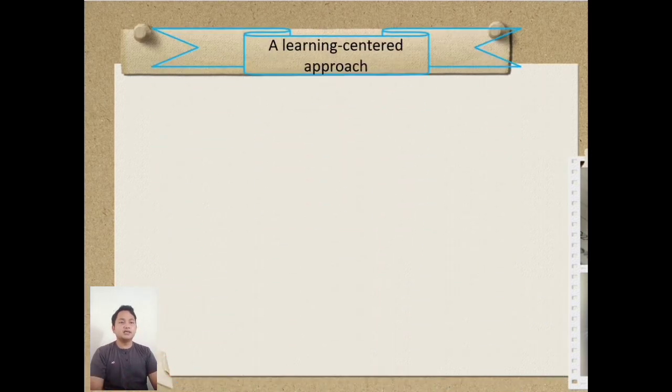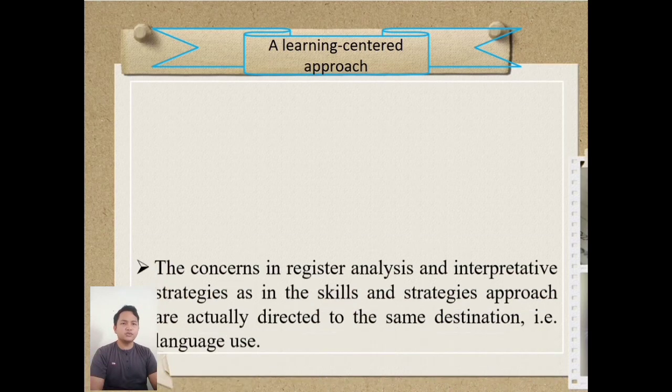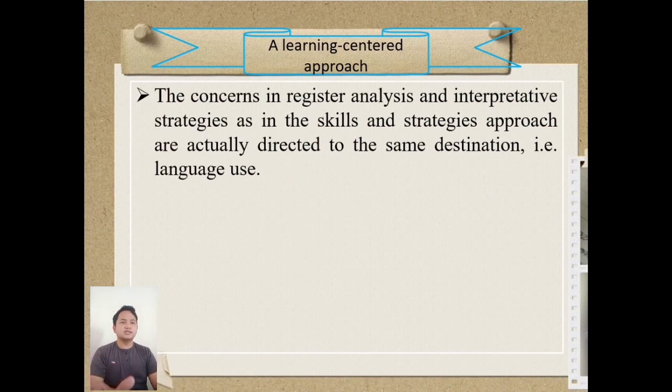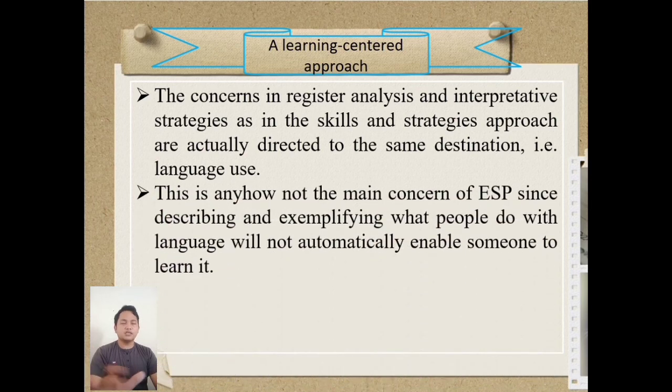And the last one is a learning-centered approach. What is a learning-centered approach? The concepts in register analysis and interpretive strategies, as in the skills and strategies approach, are actually the same in destination, for example, language use. As we know, there are a lot of kinds of ESP.